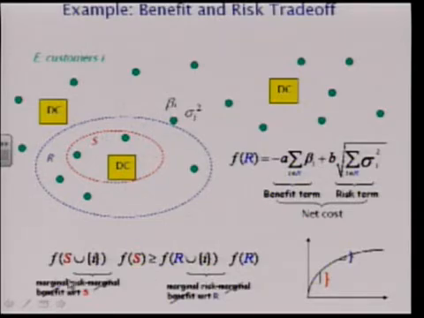Of course, we need to compute what? The marginal risk and the marginal benefit by including a new element I, let's say maybe from here. This is including it to the bigger set versus to the smaller set, versus the net cost. Okay, and in fact, if this curve goes like this, that means what?